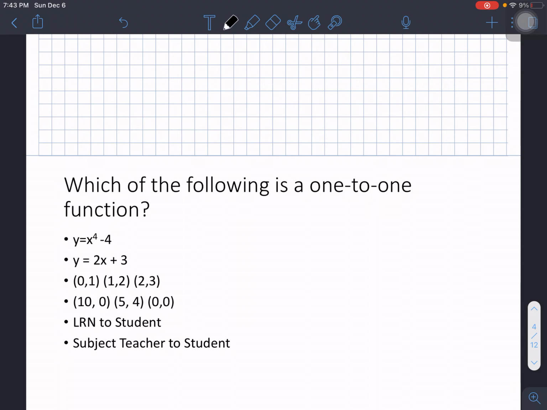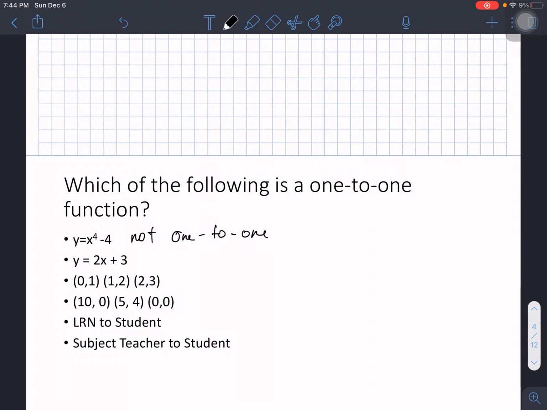It will be better if you can draw or write a table of values, to also check the availability of the y values. So this is not one-to-one.